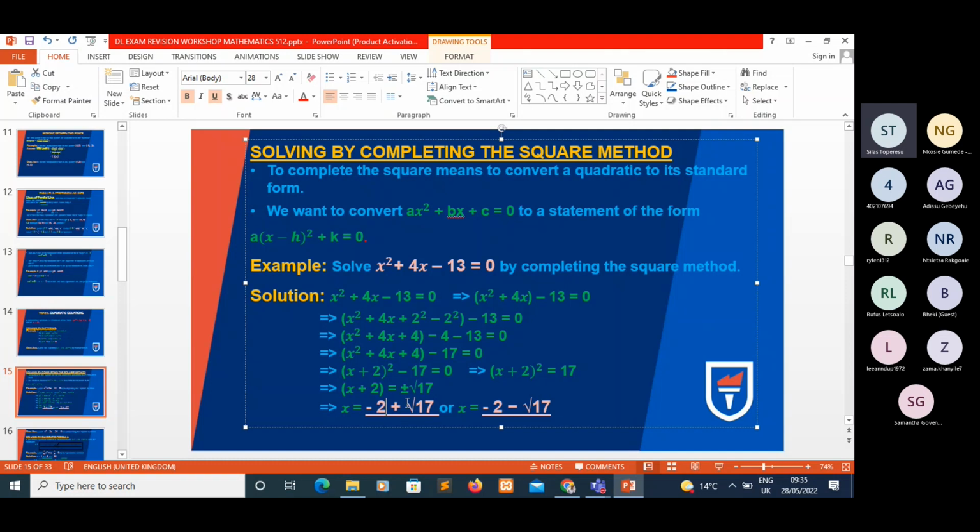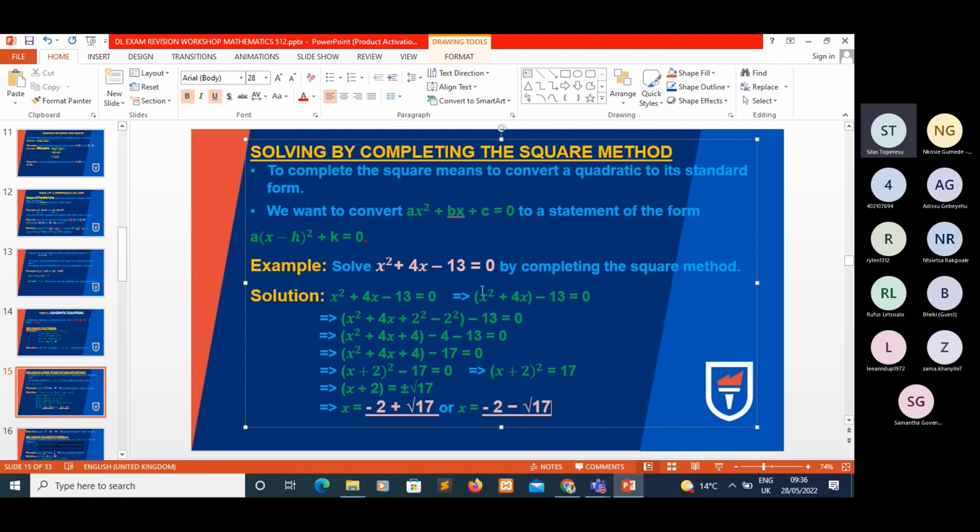Okay, so now my two answers: the one where I say plus, which is this one, and the other where I say minus. So these become my two answers for x when I'm solving my equation using the completing the square method.